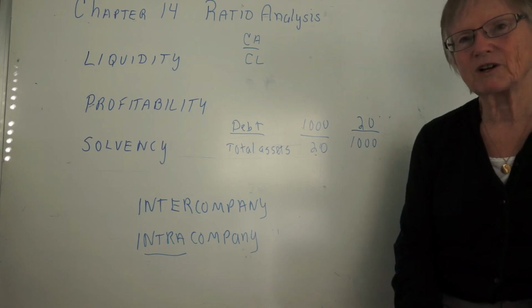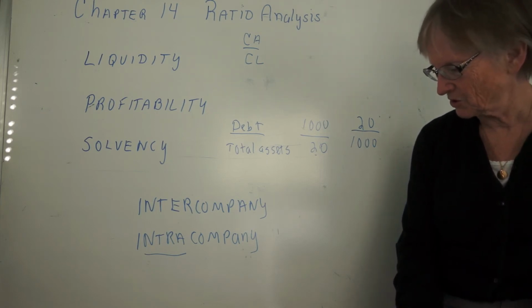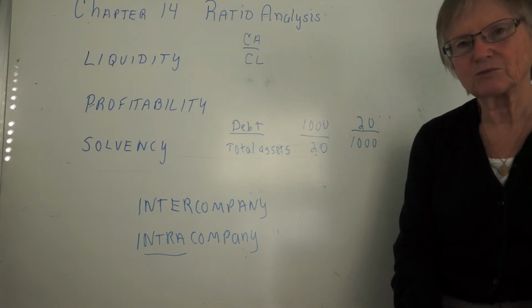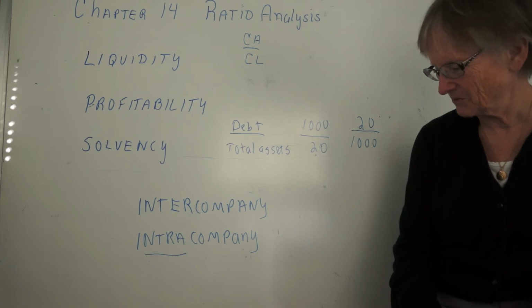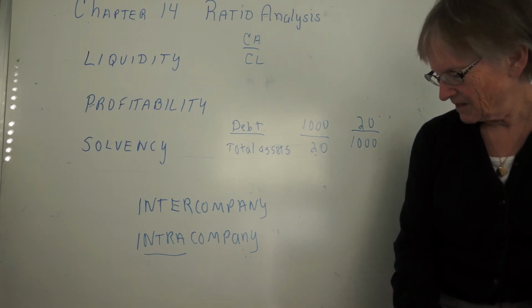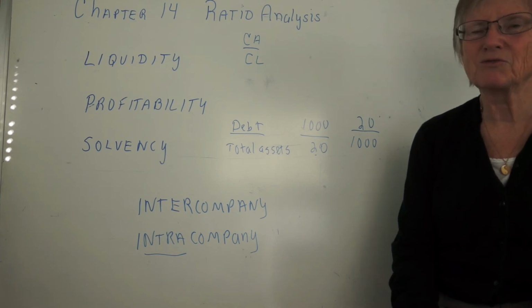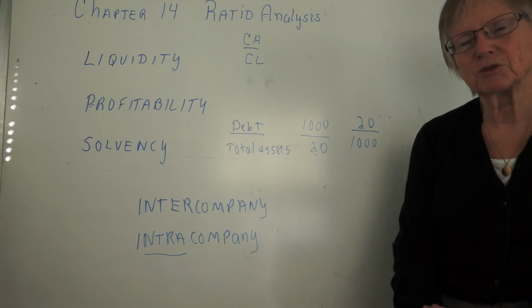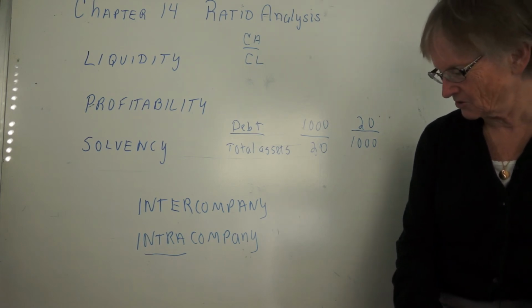So they may use 5 or 6 to get started on looking at a company. They try to figure out which ratios apply best to the particular company that you're looking at. And then how many years do you need to analyze? Usually at least 5 if possible, 3 minimum to 5. You can see the trends over time on how the company is doing.